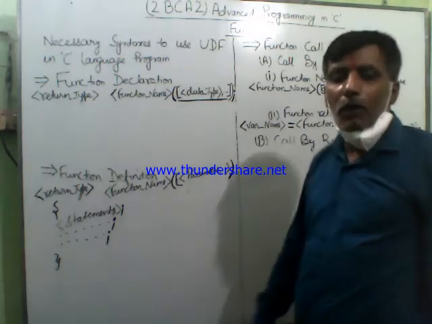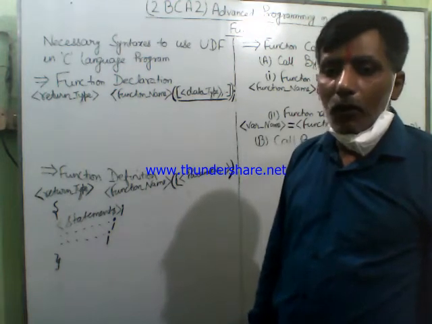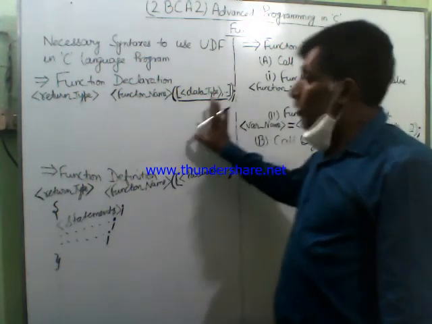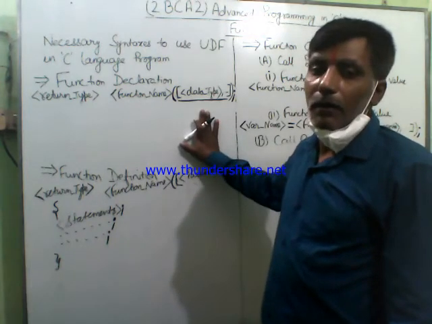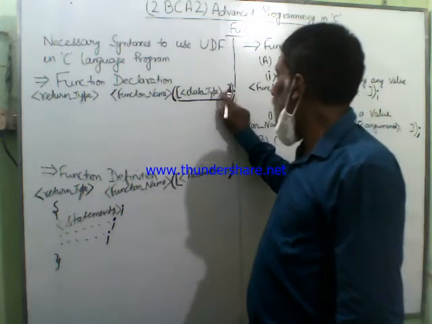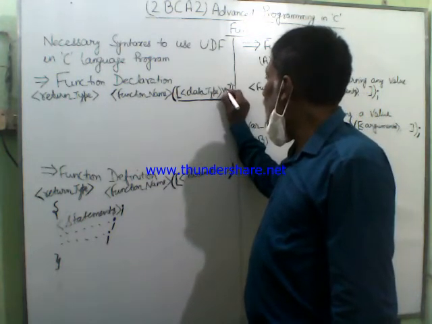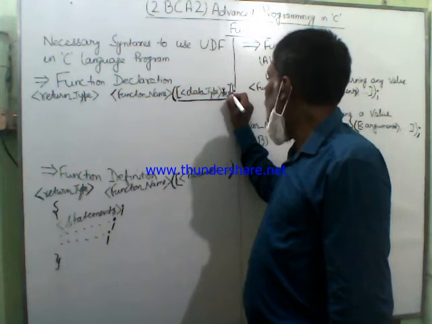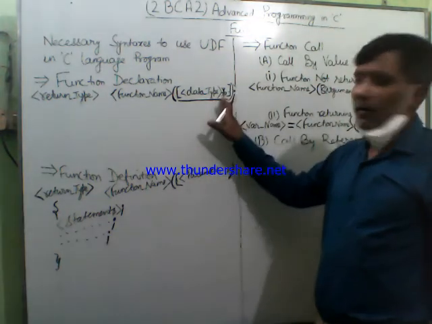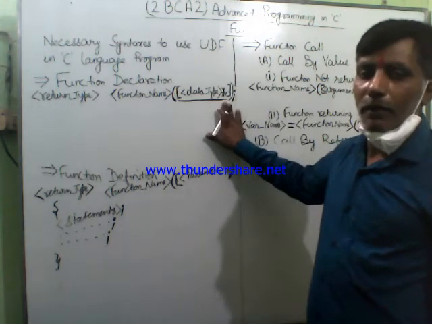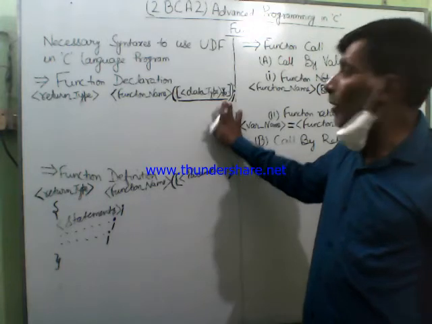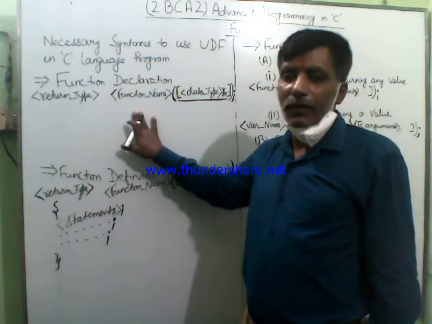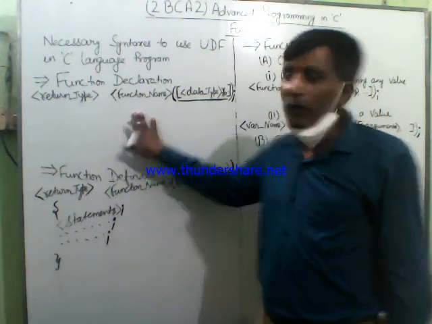If you are going to call your user defined function by call by reference method, you have to declare such function by using the syntax: you have to put the asterisk dereference operator after the data type in the same syntax to perform function declaration that you have used to declare such a function that is being called by value method.